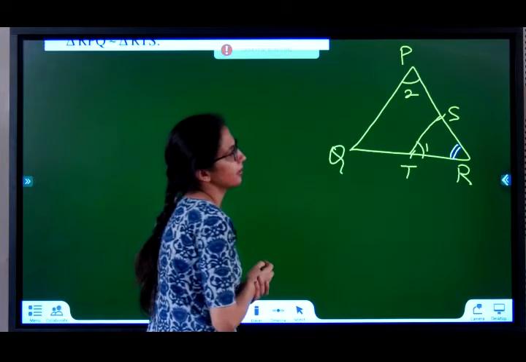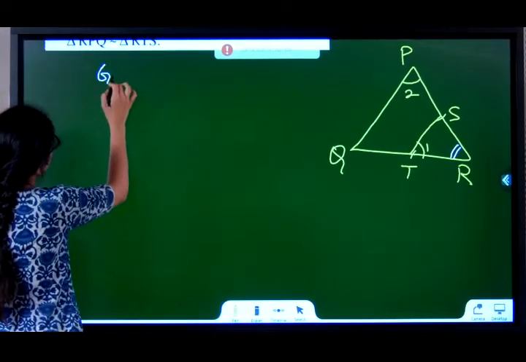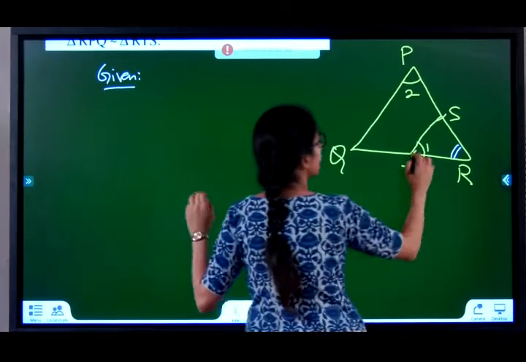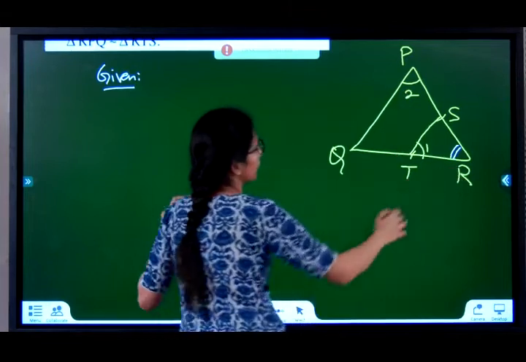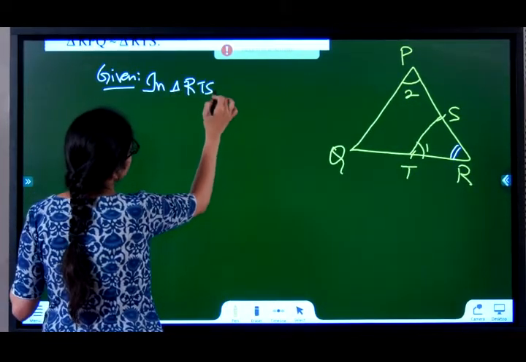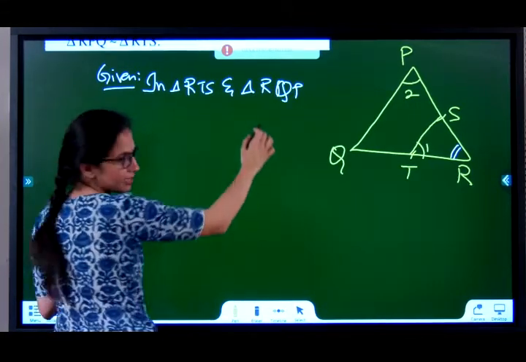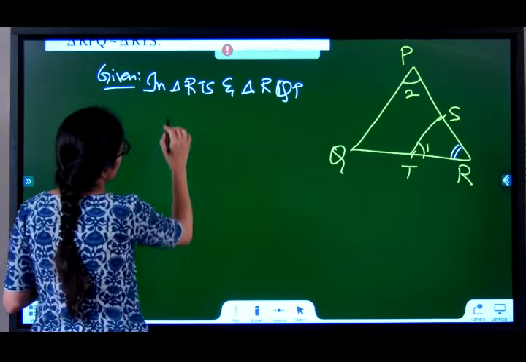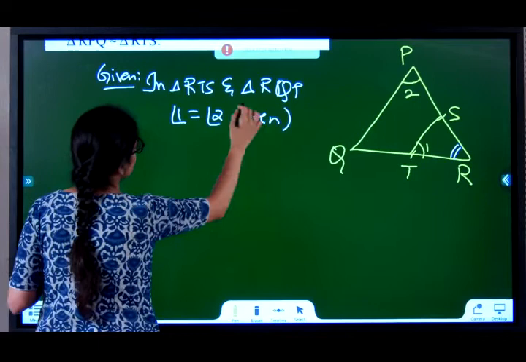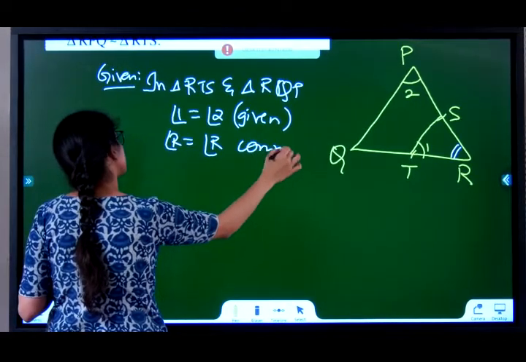Angle R equals angle R is common. See here, given, what are two triangles you want? We want RTS and we want the big triangle RQP. So, in triangle RTS and triangle RQP, the order of naming does not matter here because we are not saying it is similar. Angle 1 equals angle 2 given. Angle R equals angle R common.